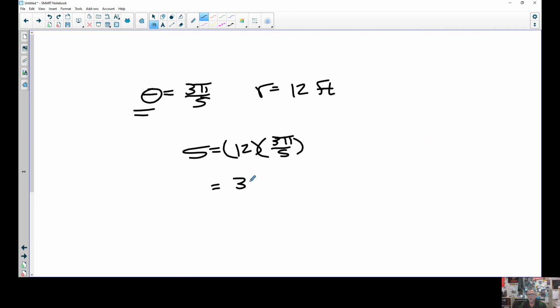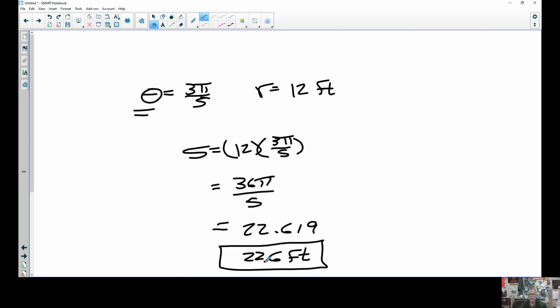So we can think of that as 36 pi over 5, which would be, let's see, 36 times pi, divide that by 5, and you get 22.619, so we'll call that 22.6, and the unit is in feet.